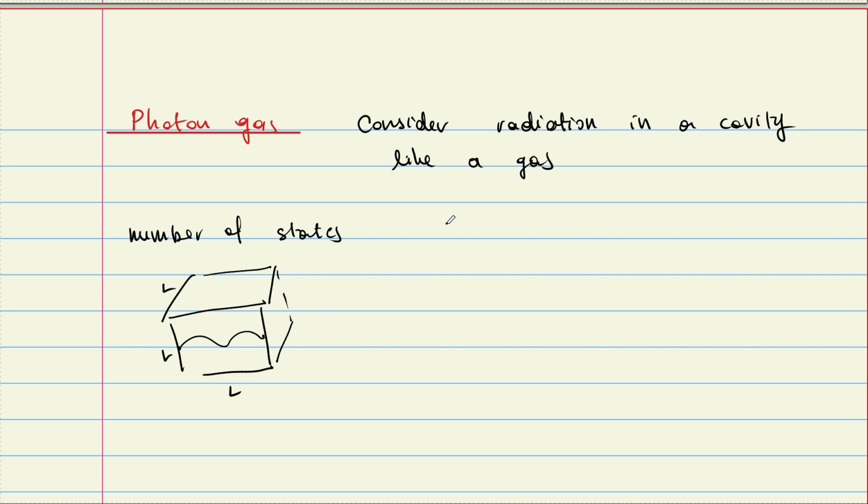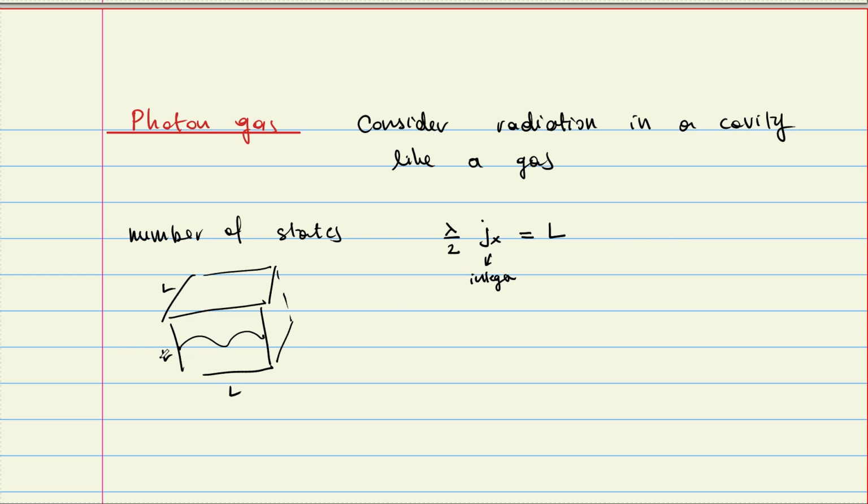And for this to happen, we said we need to have, let me use a different integer because there will be many integers in this case, some jx, which is an integer, times lambda over 2 should be equal to L. So this is an integer.